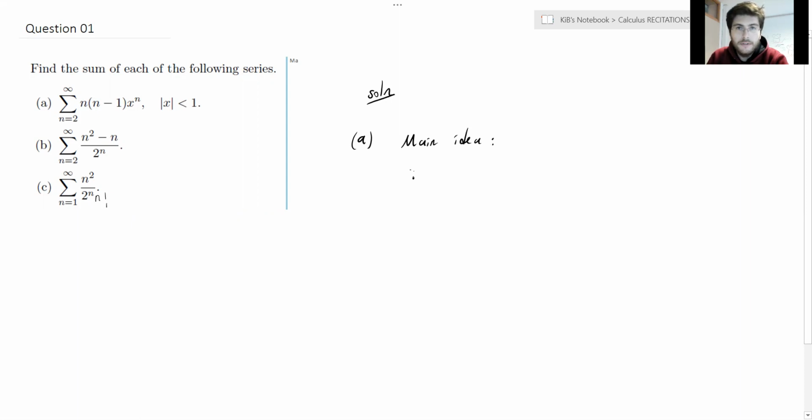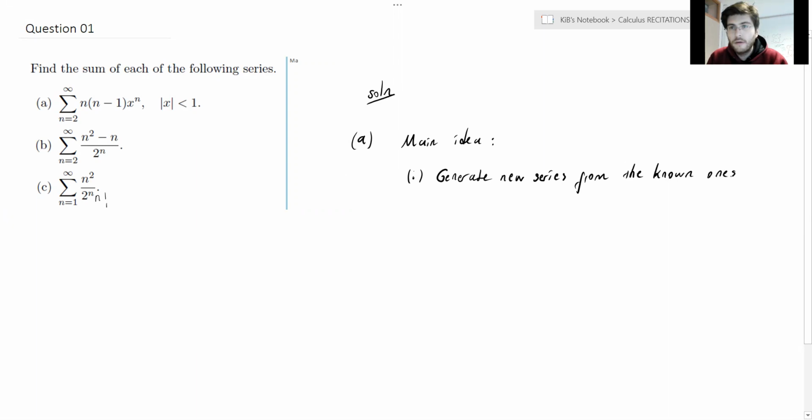is the following. So the first step, actually, somehow we try to generate new series from a known series, actually, by using, for instance, term-by-term differentiations or integrations or some algebraic manipulations, okay? We start with some, if you like, test series. We start with some very well-known series, and we try to manipulate this series to obtain the new one, okay? So idea, generate new series from known ones, okay?